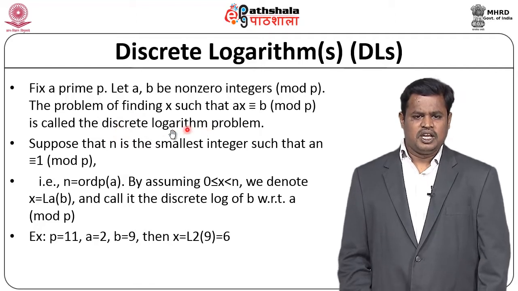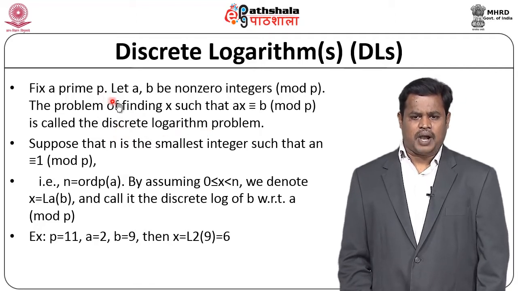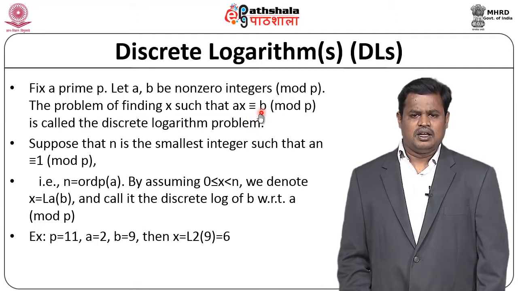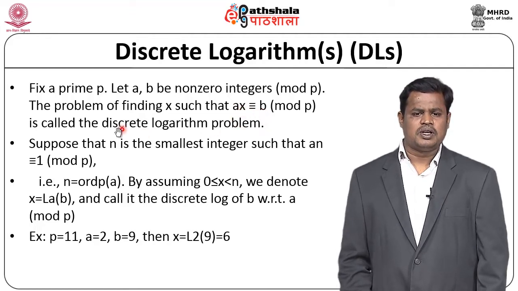So now, if p is prime and fixed here, and there are two non-zero integers a and b, and a to the power x is congruent to b mod p, then by knowing a and b, it is very difficult to find x. Then I call this problem the discrete log problem.